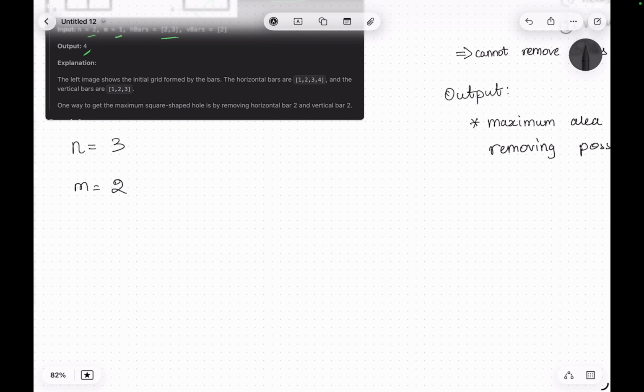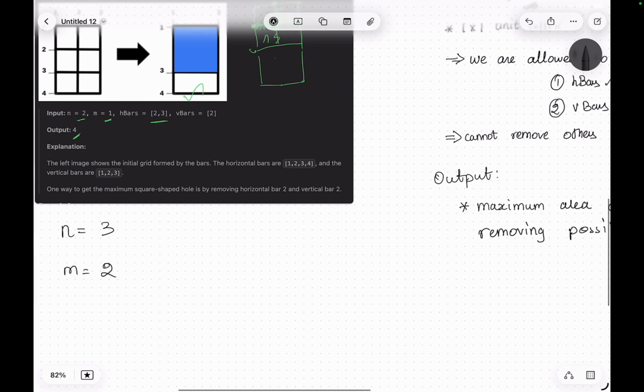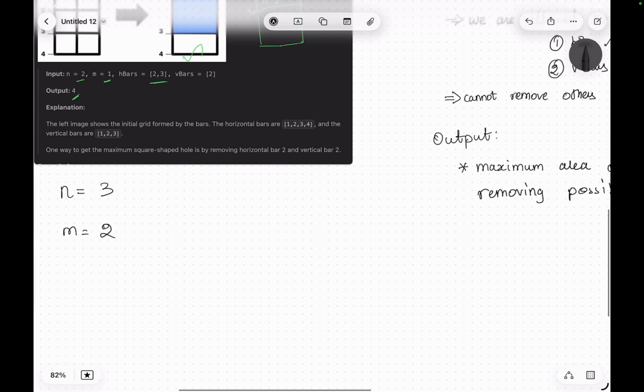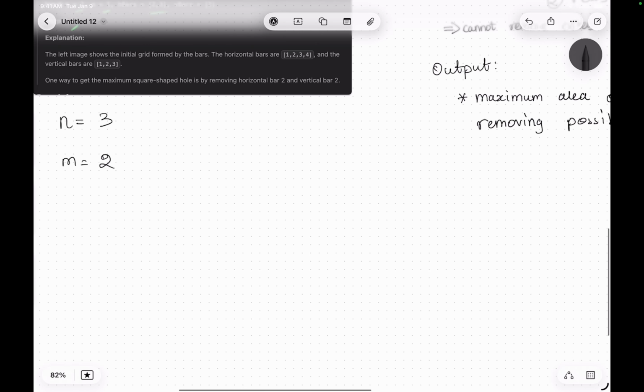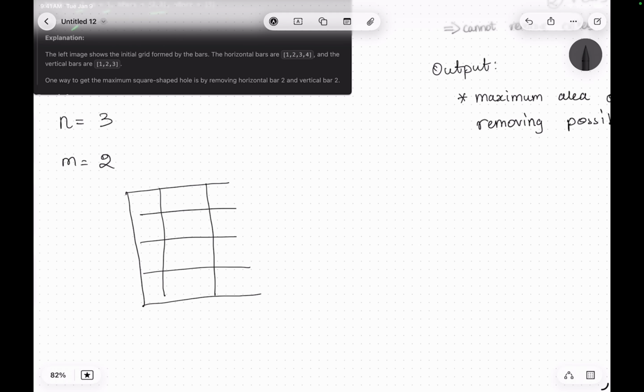So we can consider a grid where n is equal to 3 and m is equal to 2. Where n is the horizontal one, right? So 1 2 3, and m is the vertical one, 1 2, right? Sorry for my drawing.